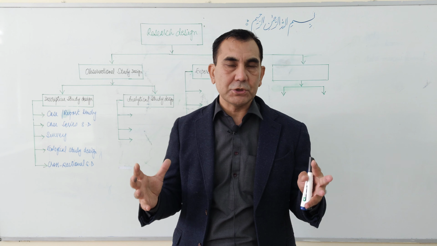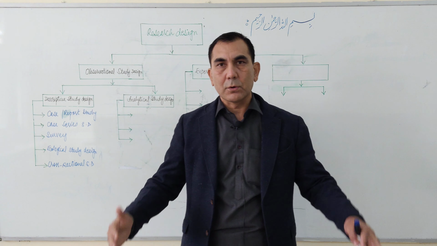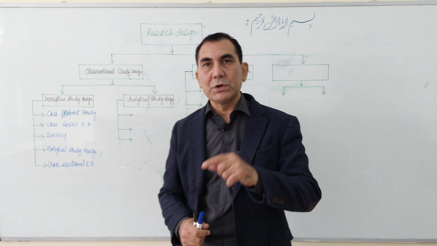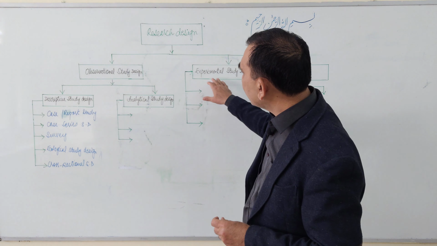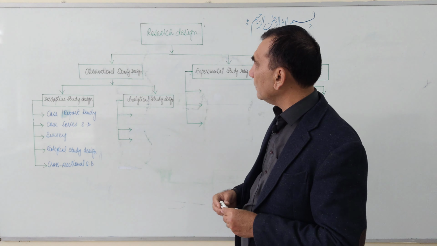Now the research design is divided into two broad categories or types. The first type is called the observational study design, and the second type is called the experimental study design.